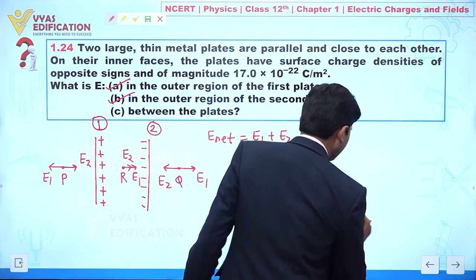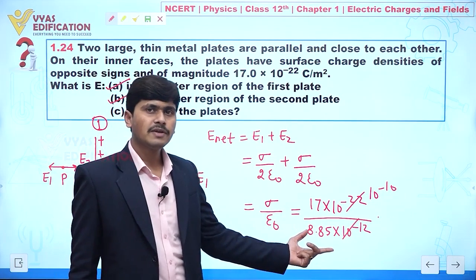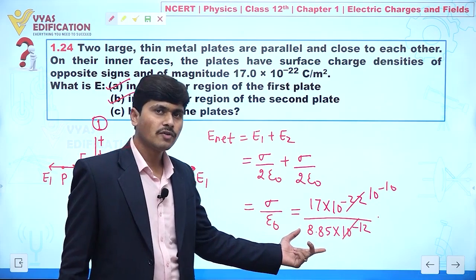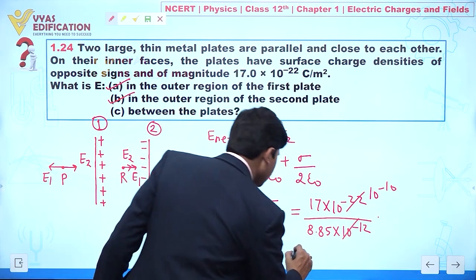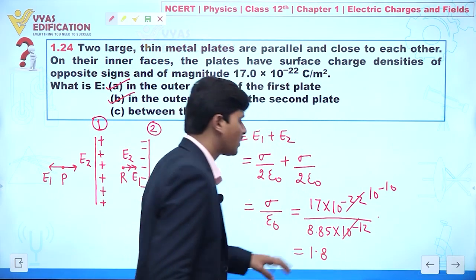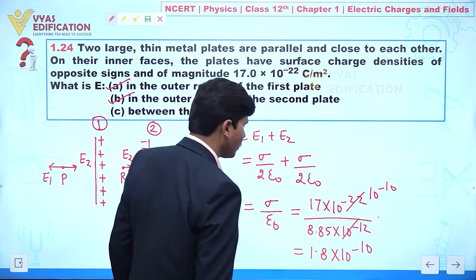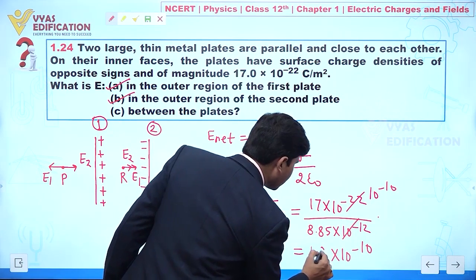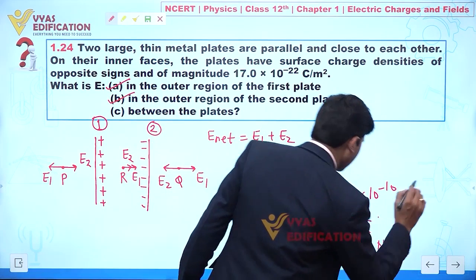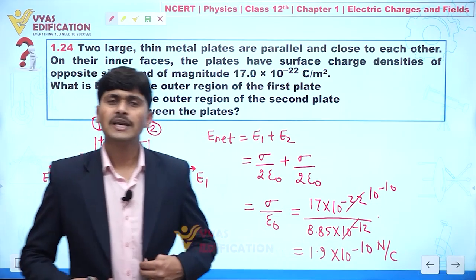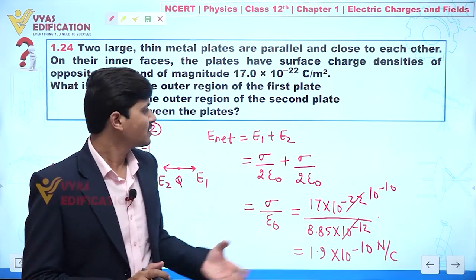If we calculate, this is 10^-10 times approximately 9, or we can say almost 18. So taking 1.8, this is 1.8 × 10^-10, or approximately 1.9 × 10^-9, and the unit is Newton per Coulomb. So this is the value of the electric field between these two parallel plates. Clear to everyone? So this is the solution.